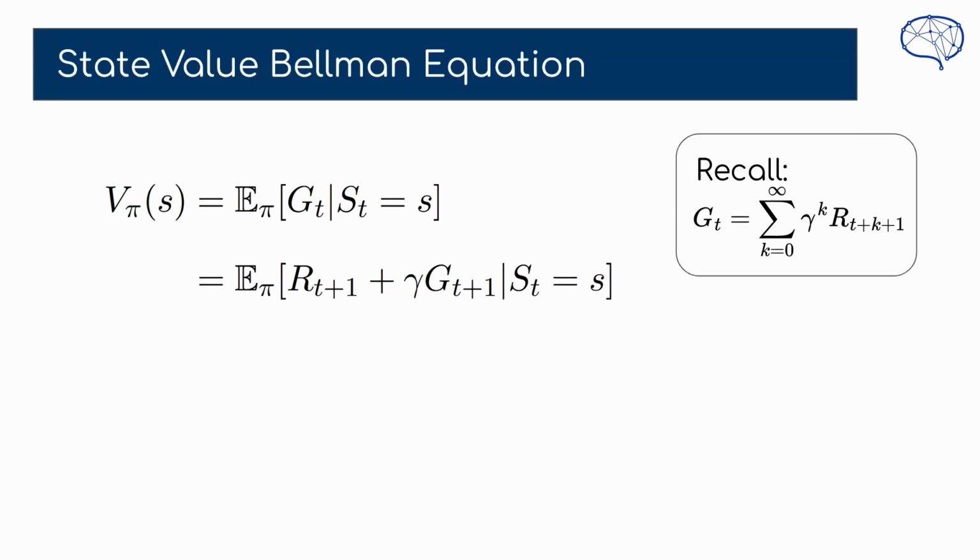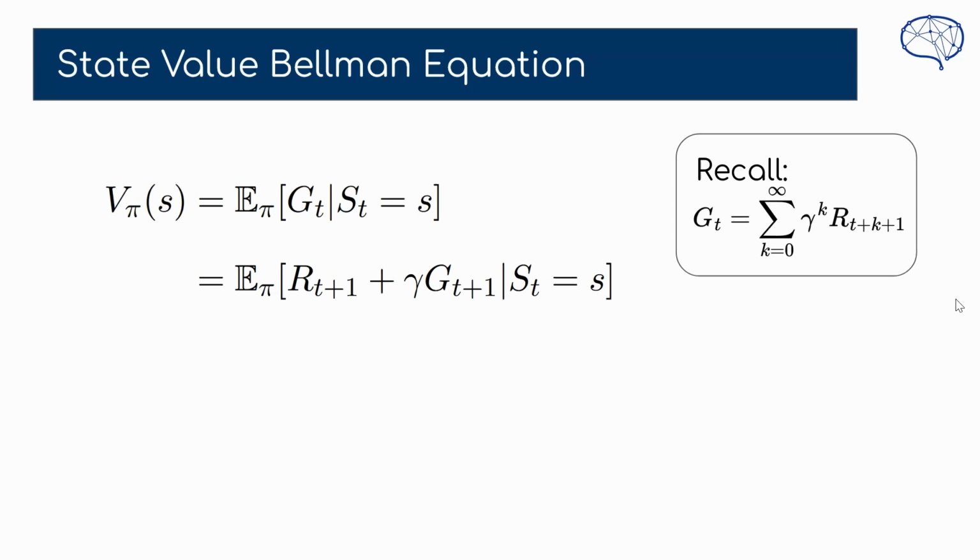If you expand the summation in the corner over here, you get G_{t+1} out. That's your future rewards for your future states. R_{t+1} is the reward that you're going to be getting next. And this gamma term right here is your discount.